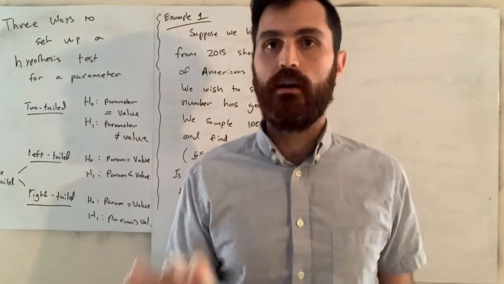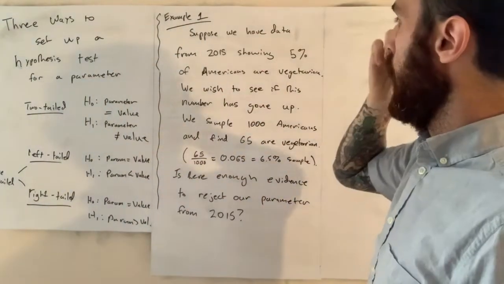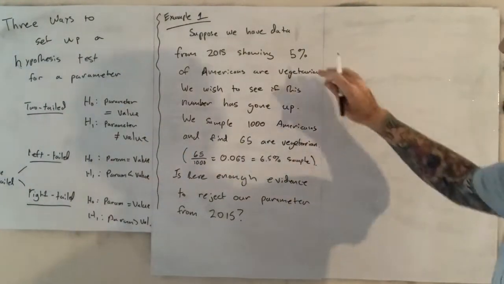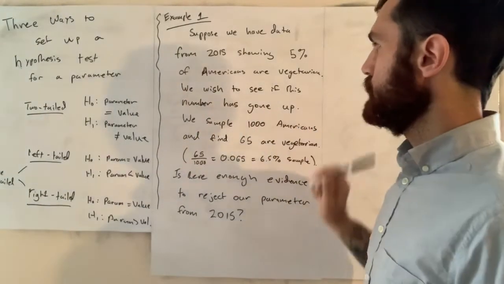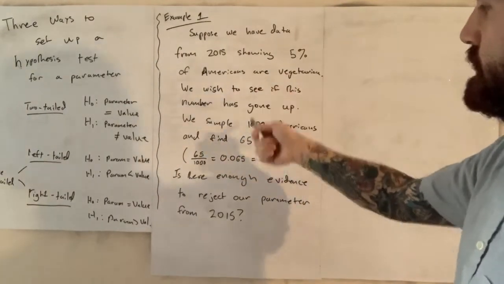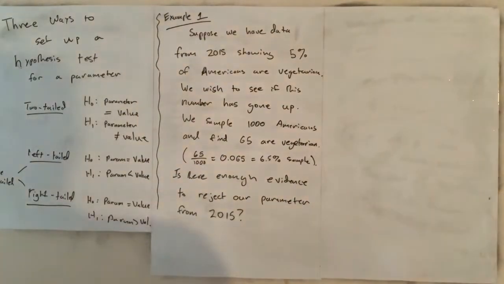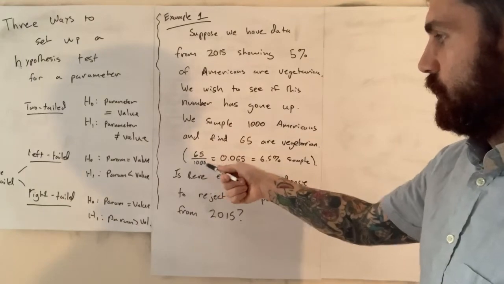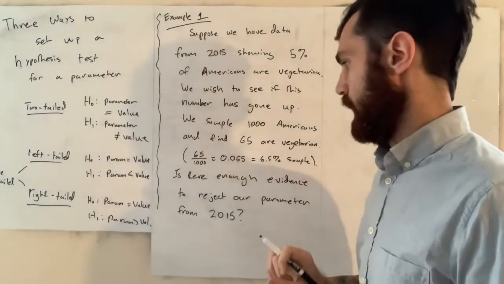Okay, so let's look at an example and let's translate some of the language. So here's the example. Suppose we have data from 2015 showing that 5% of Americans are vegetarian. We wish to see if this number has gone up. So what we do is we sample 1,000 Americans and find that 65 are vegetarian. So from our sample, we have that 6.5% of our sample is vegetarian.